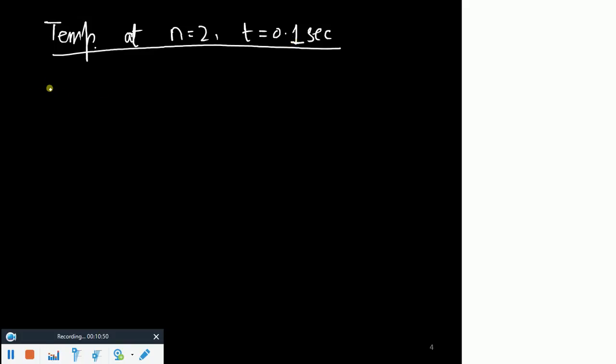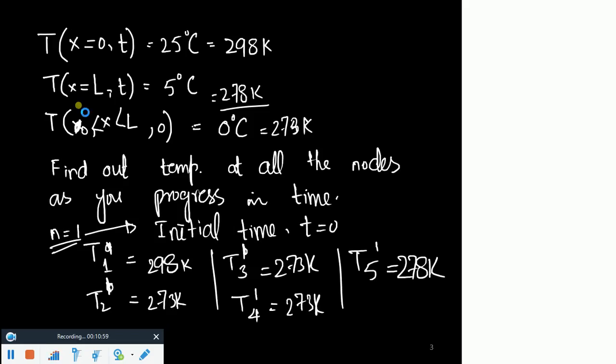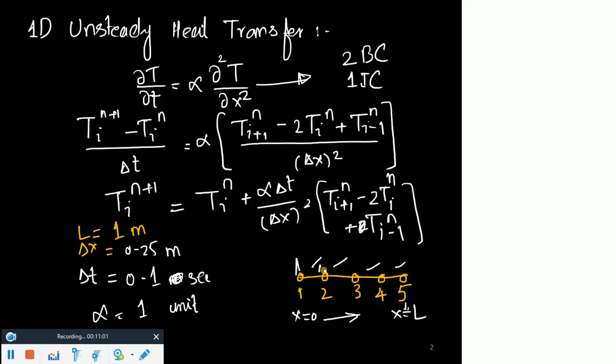So tell me, for example, if I ask you what is T2, it means I am talking about the temperature of this node at time level 2. Just look at this finite difference equation.